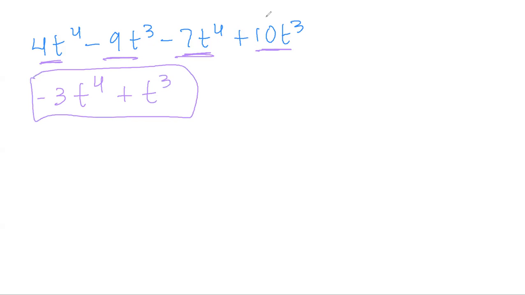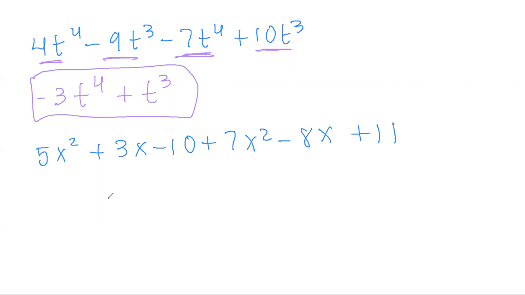Okay, so let's just do one more of these. 5x squared plus 3x minus 10 plus 7x squared minus 8x plus 11. Again, I'm just going to start with the highest power, which is the squared.